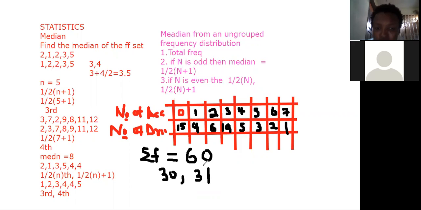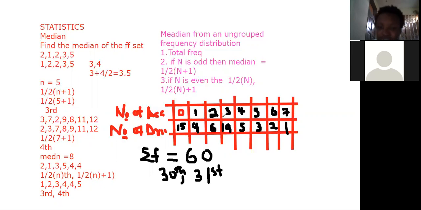Now we are going to locate these positions, the 30th and the 31st, using the frequency. Then we trace it to its corresponding number of accidents.